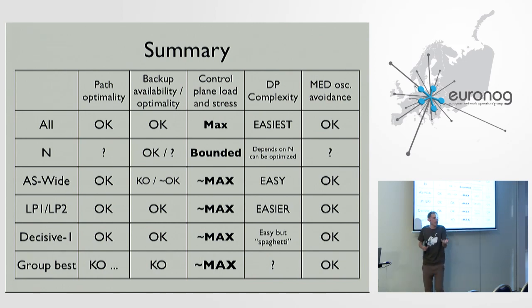Add-N provides you a bound to the number of paths that you will have to maintain in your routing information base, which is basically the number of prefixes that you hold times n times the number of IBGP sessions that you have. This gives you your upper bound for the memory consumption on a given router.